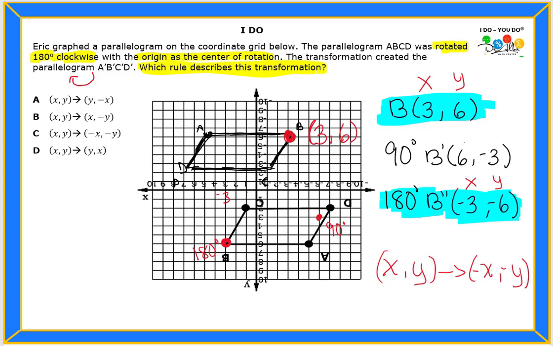If you look at the answer choices, the one that matches that is answer choice C. Hopefully this movement didn't confuse you, because I know it was a little bit tough to move the whole picture, but I wanted you to see that my B was going to land on this quadrant once I got my 180 degrees. Okay, it landed right here.